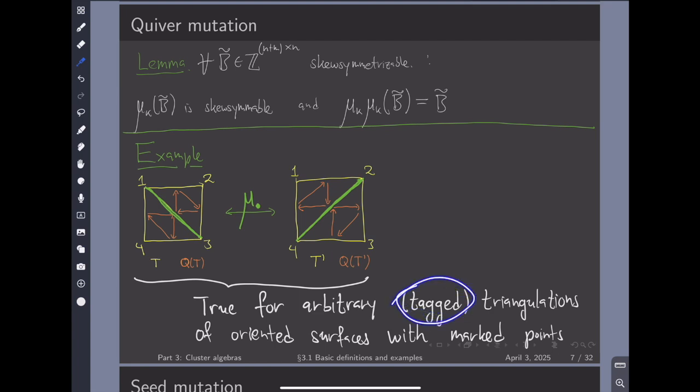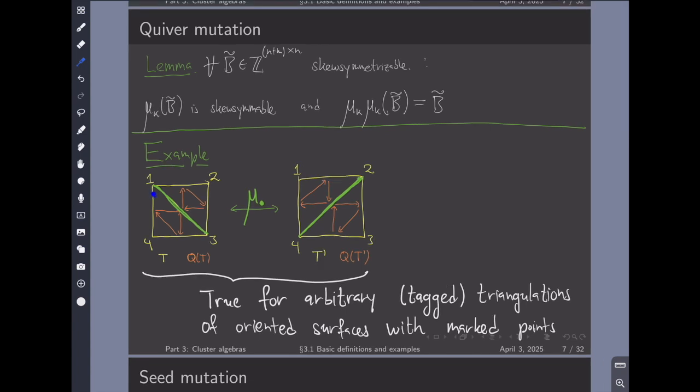Let me just say, in the case of an arbitrary surface with marked points, the surface may have boundary or not, and usually has punctures. If one considers triangulations as we always consider, then there are some degenerate situations, some triangulations that look so degenerate that there are arcs that cannot be flipped.